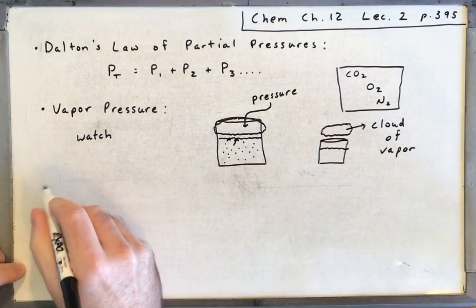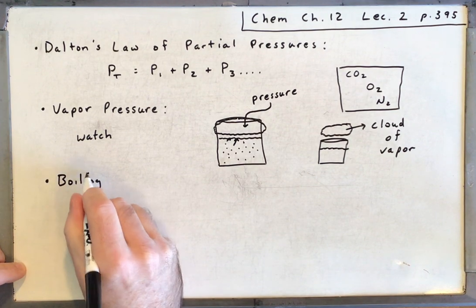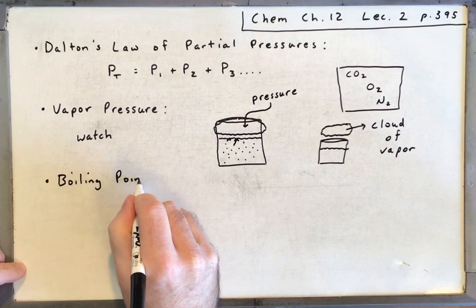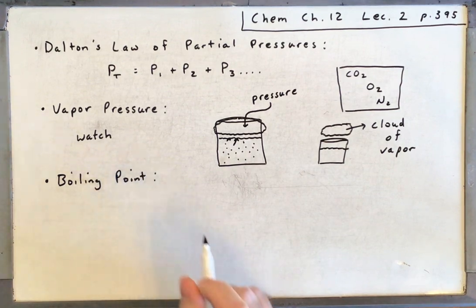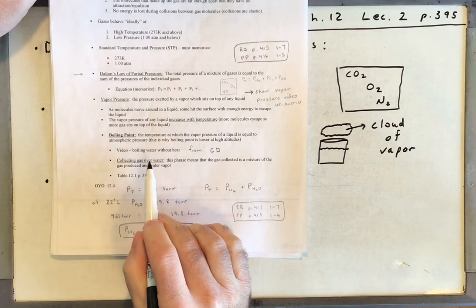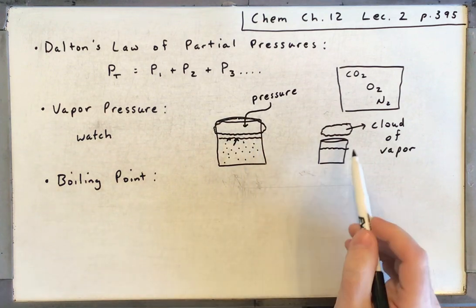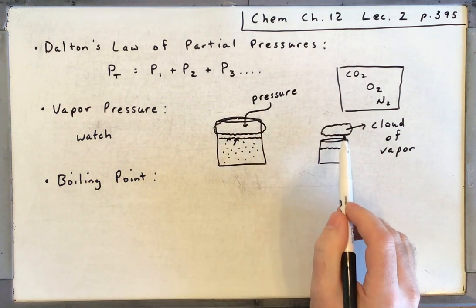All right, boiling point is the next thing in your notes, and that's the temperature at which the vapor pressure is equal to atmospheric pressure. You can actually boil a liquid, let's say in this case water, and it doesn't have to be hot.